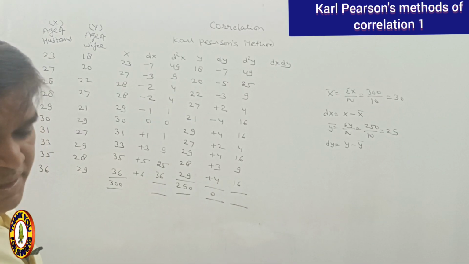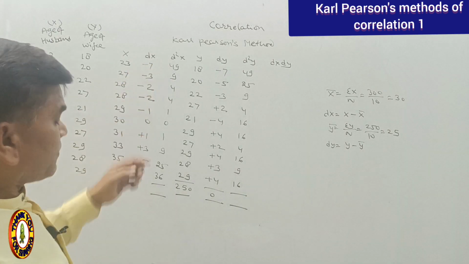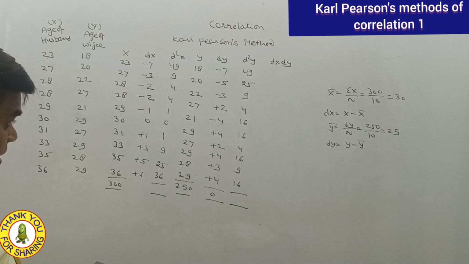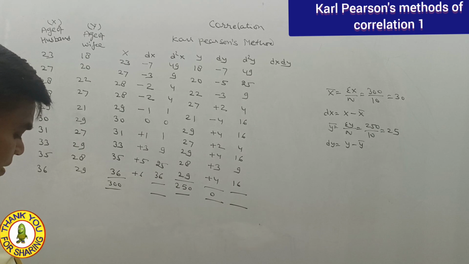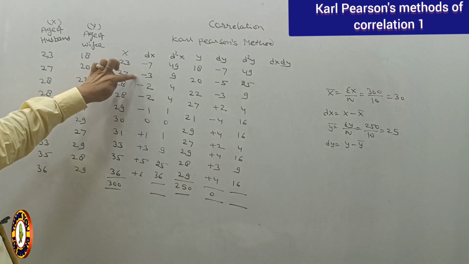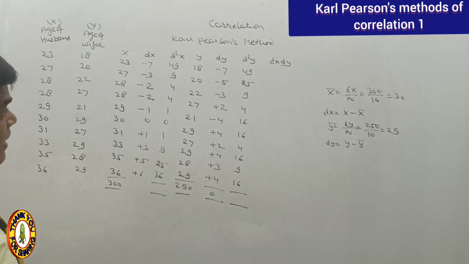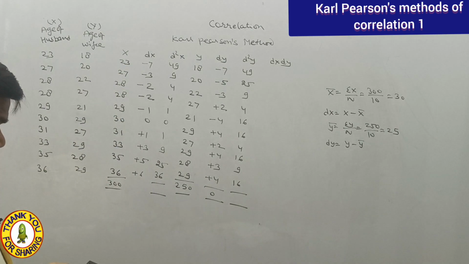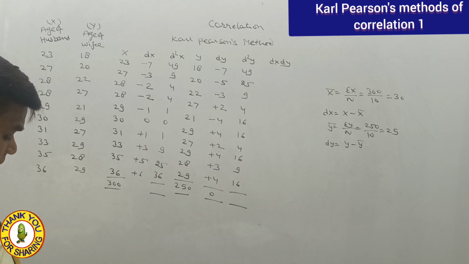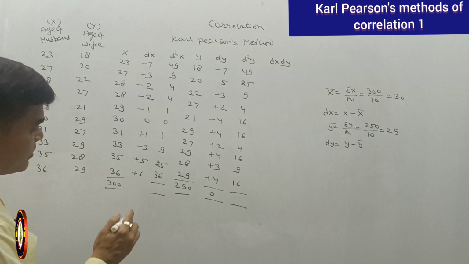Now the addition of d square x and d square y. First, 49 plus 9 plus 4 plus 4 plus 1 plus 0 plus 1 plus 9 plus 25 plus 36, this is 138.